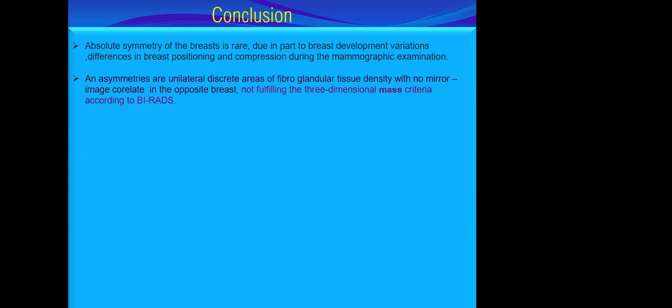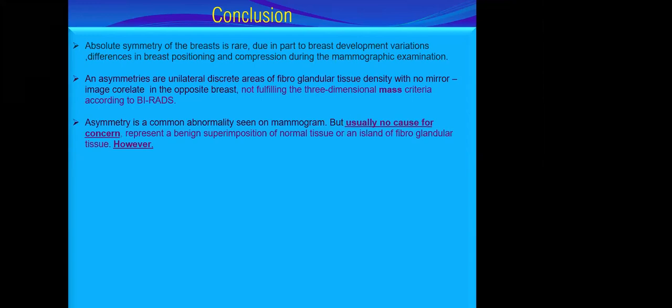So in conclusion, absolute symmetry of the breast is rare, due in part to developmental variations, differences in positioning and compression during the mammographic examination. Asymmetries are a unilateral discrete area of fibroglandular tissue density with no mirror image correlate in the opposite breast, not fulfilling the three-dimensional mass criteria according to BI-RADS.